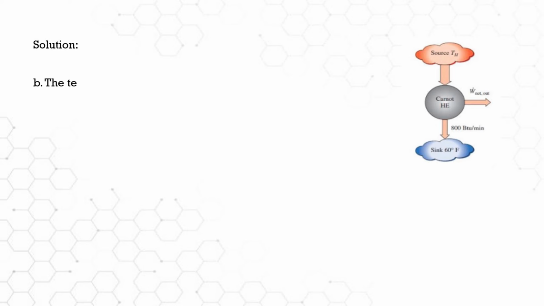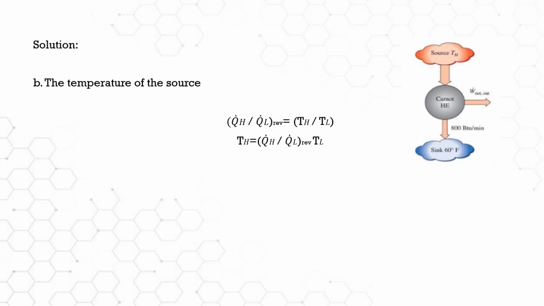For reversible cyclic devices, we have the amount of heat supplied to the engine over heat rejected by the engine equal to the absolute temperature of the high temperature reservoir over the low temperature reservoir. Thus, the temperature of the source at high temperature is equal to heat supplied to the engine over heat rejected by the engine multiplied by the low temperature.